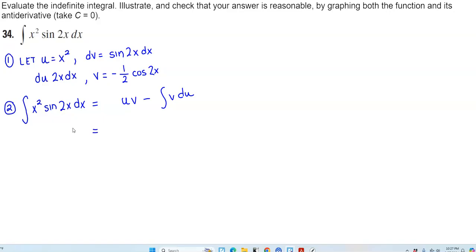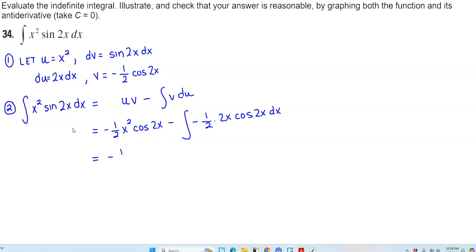So we have u times v, which is negative 1/2 times x squared times the cosine of 2x, minus v du, which is negative 1/2 times 2x times the cosine of 2x dx.